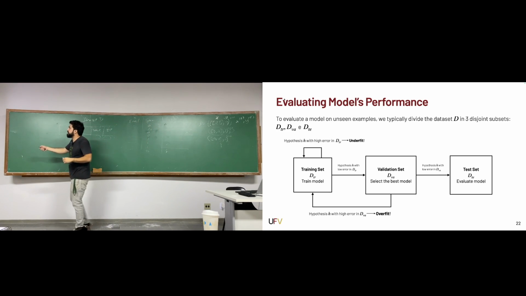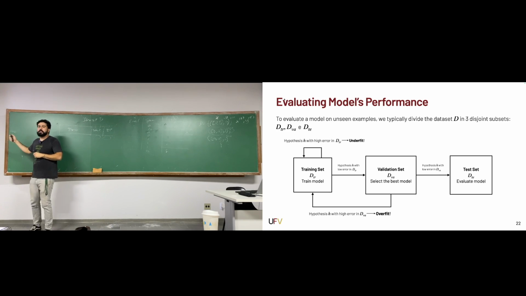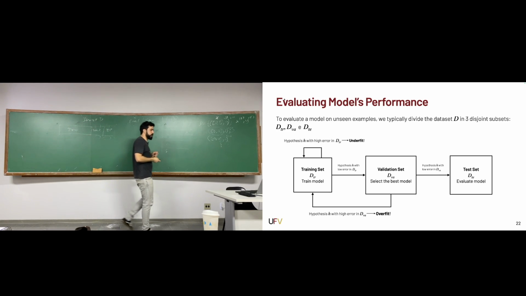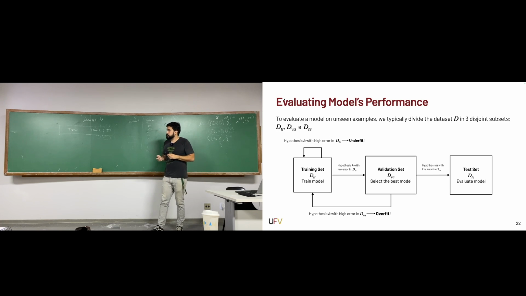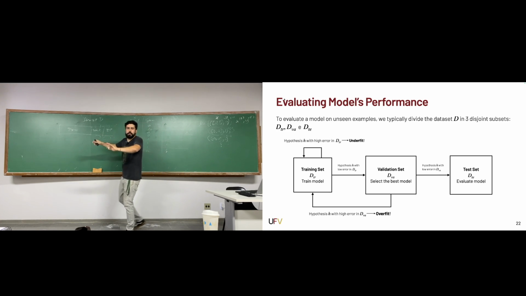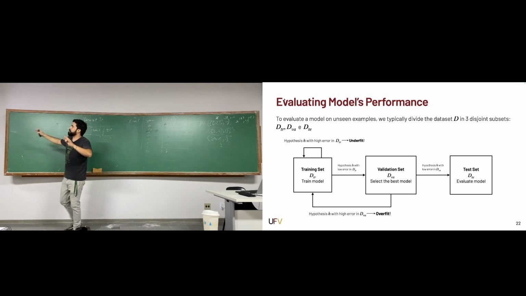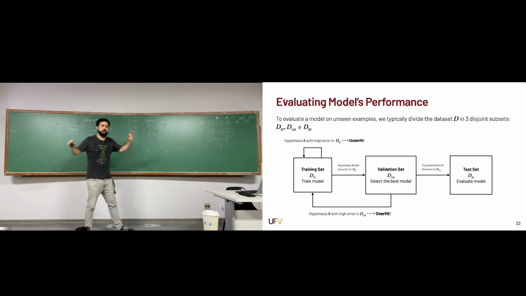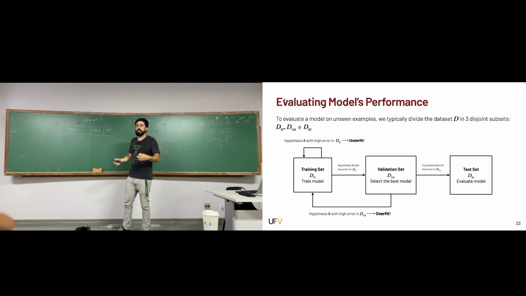But the error here is a very good estimate of how your model is going to perform out there in the world. We're going to actually use this. You guys are going to have a lot of assignments, and in your projects you're going to practice these things, and then we can discuss this in the real world.